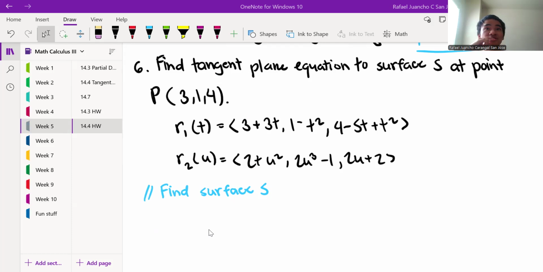And we said that if we have two tangent vectors, it's on the plane.